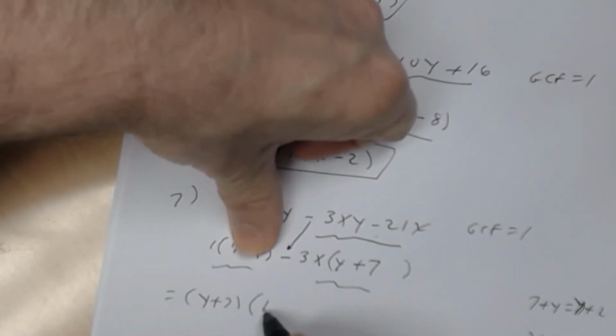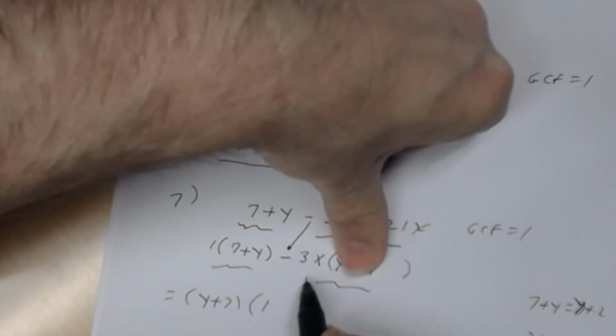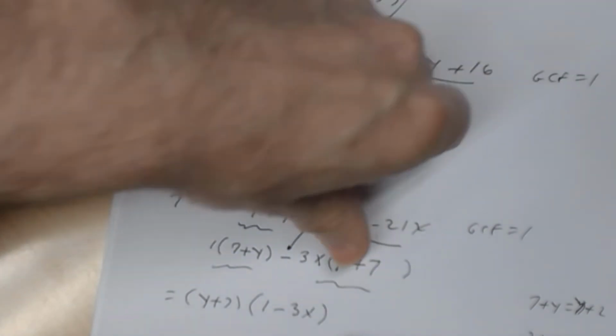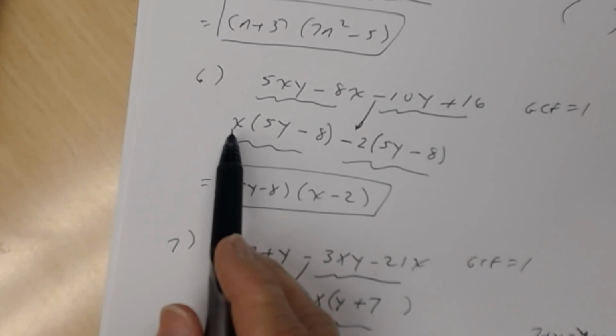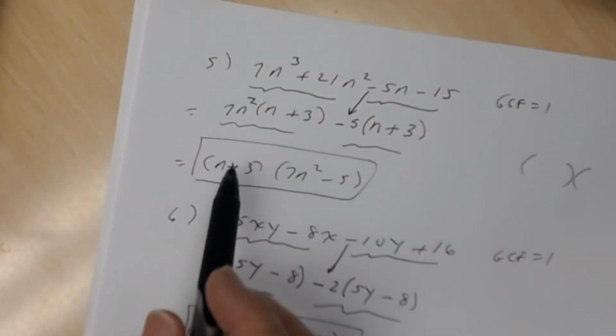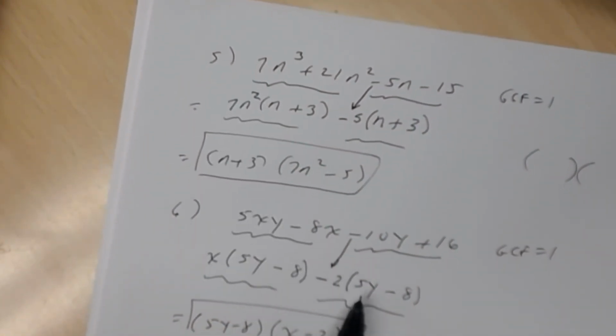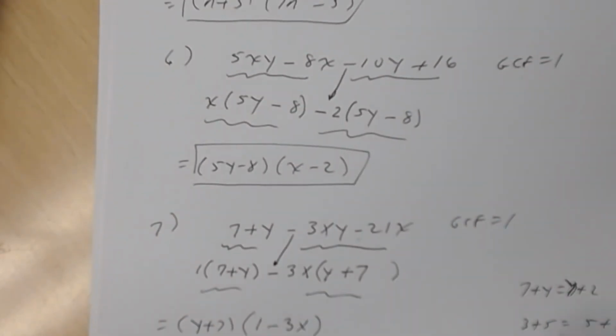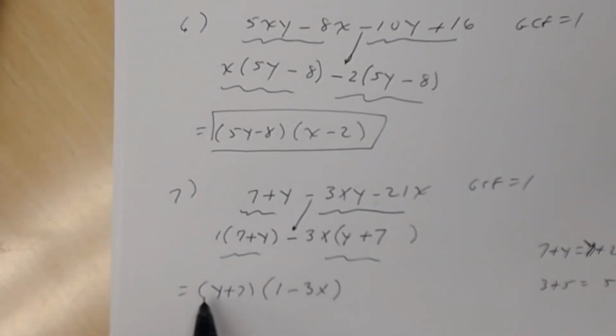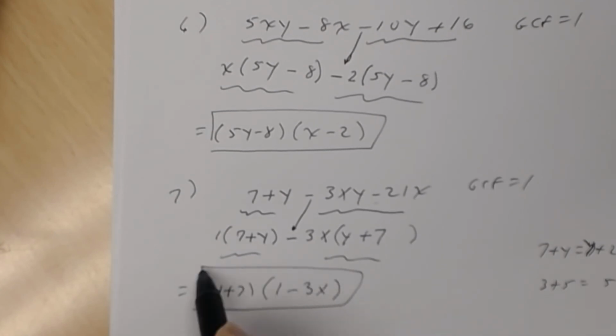So I'm going to say 1, and then if I factor out the y plus 7 here, I get minus 3x. And so notice why that 1 was important, because all these had a factor out in front that you put here in your parentheses. Okay, so remember we said the GCF was 1, just verify that it is correct. So the GCF here is 1, the GCF here is 1, and there's your answer.